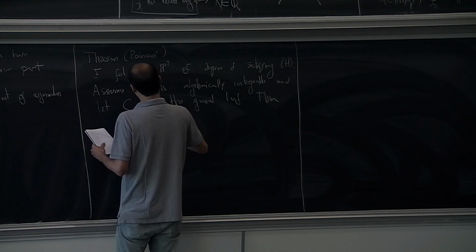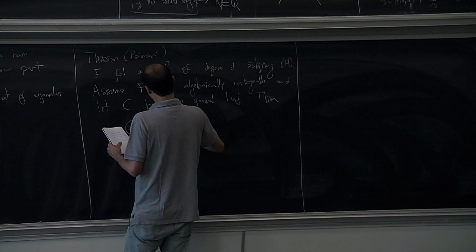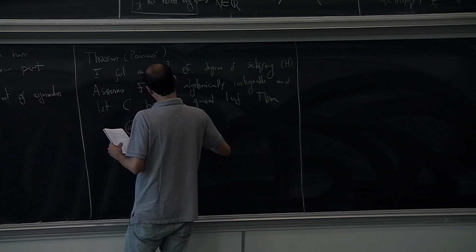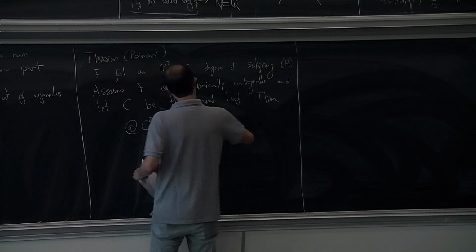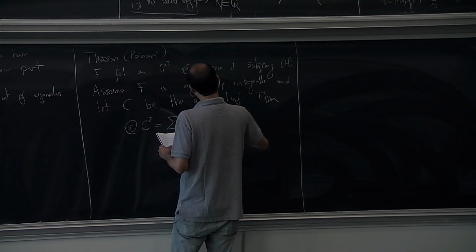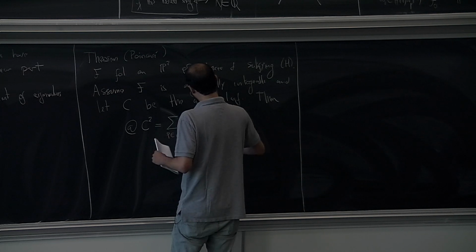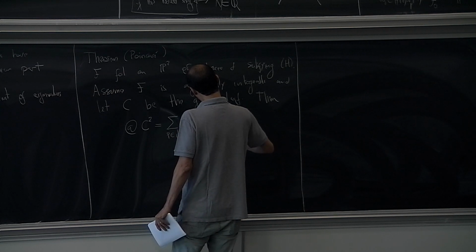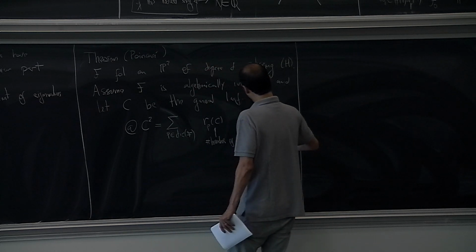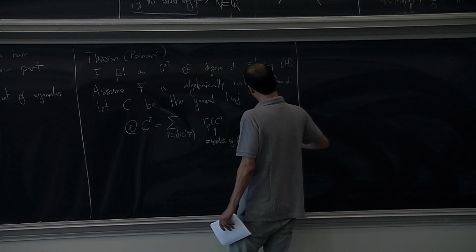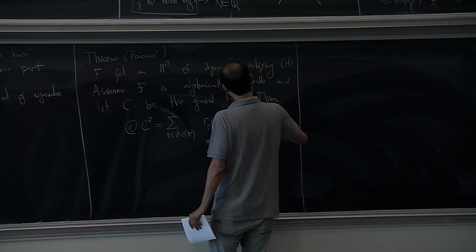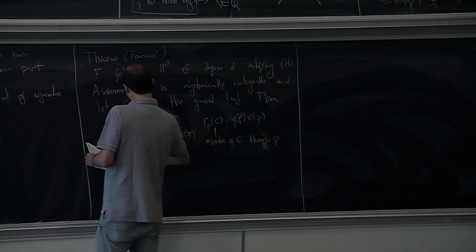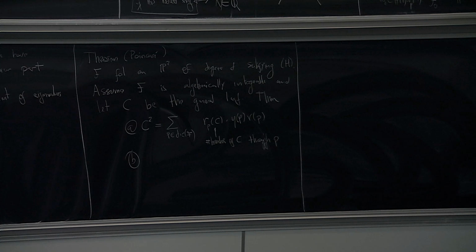C square, just call this dic F. It's just R P C. So this is the number of branches of C through P times mu P nu P. Okay?